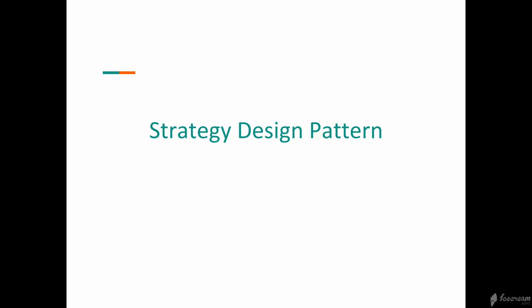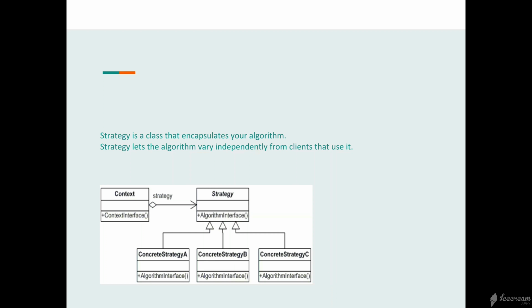and how to identify where to use a strategy design pattern, and then I will move to a detailed code example. If I go with the definition of a strategy design pattern, strategy encapsulates the algorithm. That means it hides the algorithm implementation from the outside.